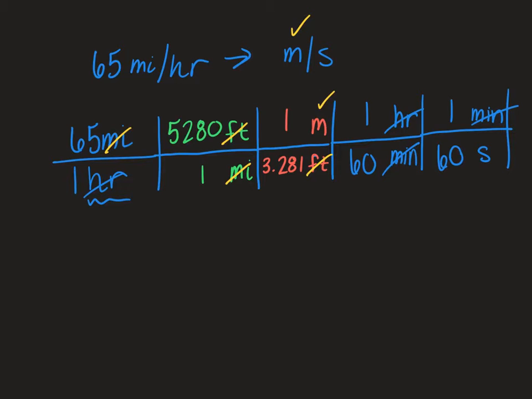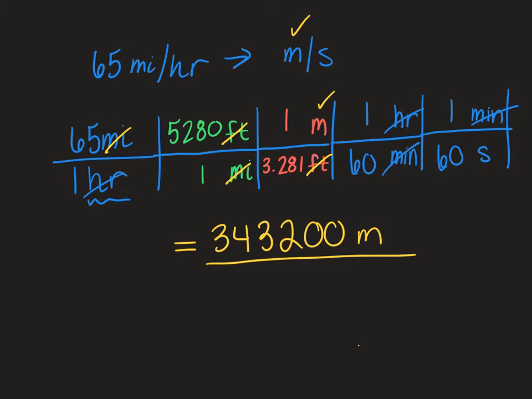So now we're going to multiply across. We're going to do 65 times 5,280 times 1, 1, and 1. So really we're multiplying these two. And then on the bottom, we've got 1 and 1, and then we have 3.281 times 60 times 60.